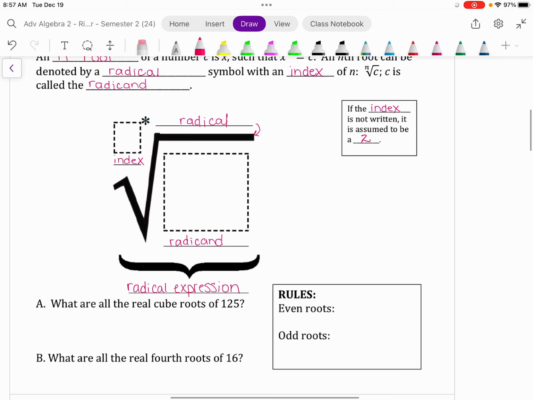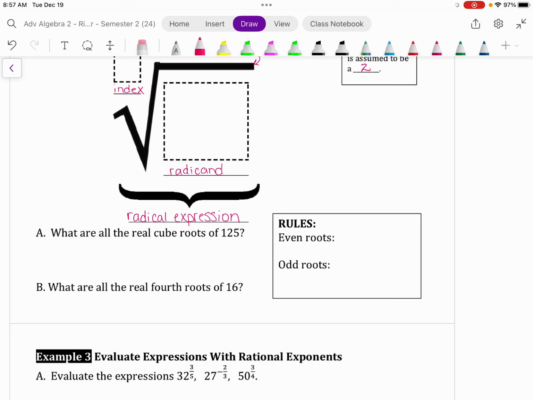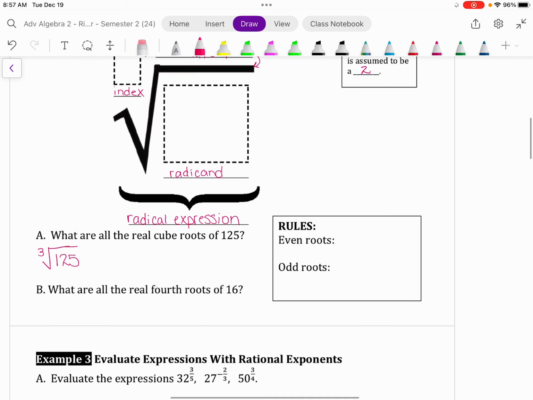Example: what are all the real cube roots of 125? What times itself three times is 125? We say that is 5, because 5 times 5 times 5 is 125.